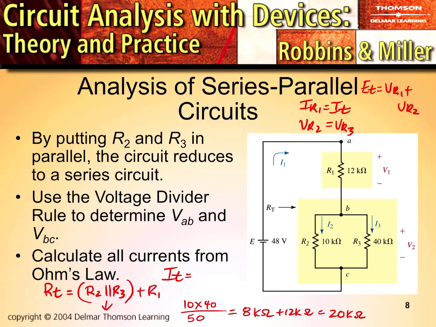So that's the process. That's the next step. I total equals 48 volts divided by 20 k ohms and gives you a result. Okay, so 48 volts divided by 20 k ohms is equal to 2.4 milliamps. So we're going to indicate that our total here is 2.4 milliamps.